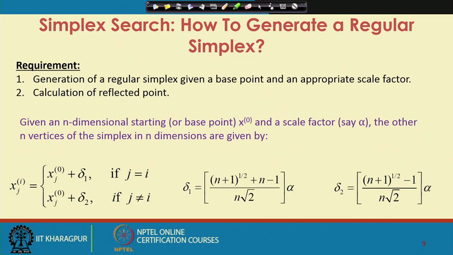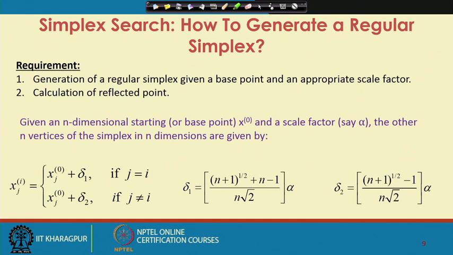Given an n-dimensional starting point or a base point x 0 and a scale factor say alpha, the other n vertices of the simplex in n dimensions are given by the expressions shown. So, you follow these expressions to get the other n points for an n-dimensional simplex. Note that an n-dimensional simplex will have n plus 1 points.